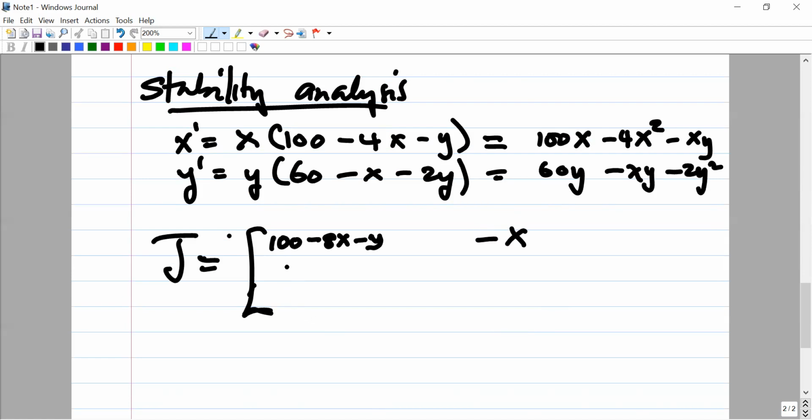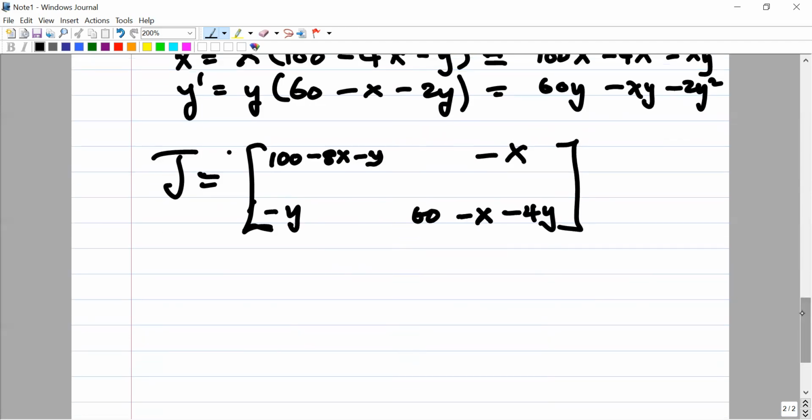The second one with respect to x, I get minus y. The second one with respect to y, I get 60 minus x minus 4y. So there is our Jacobian.